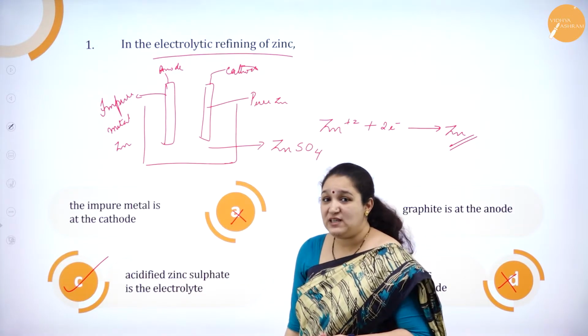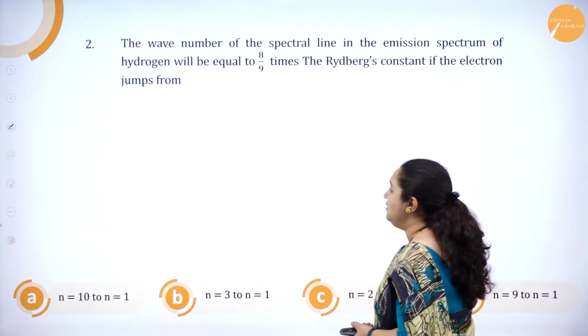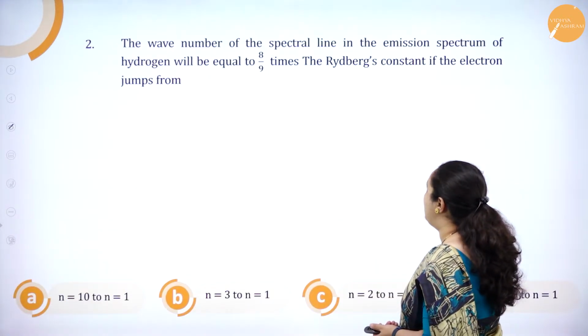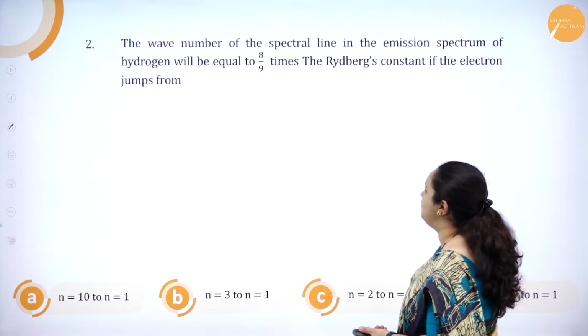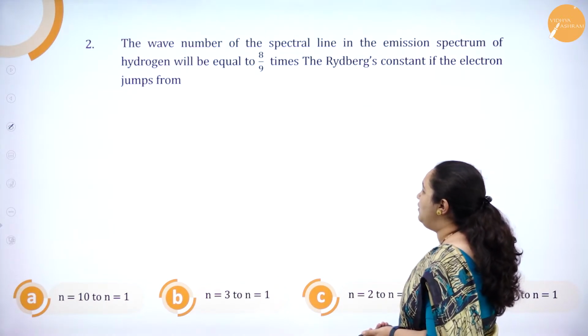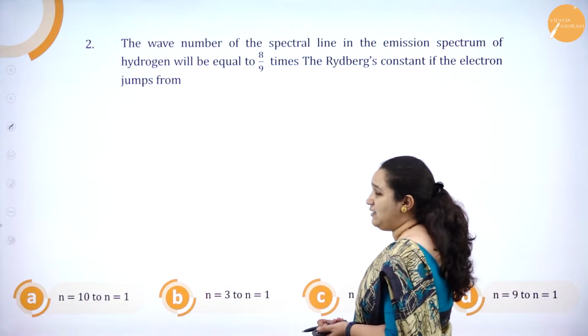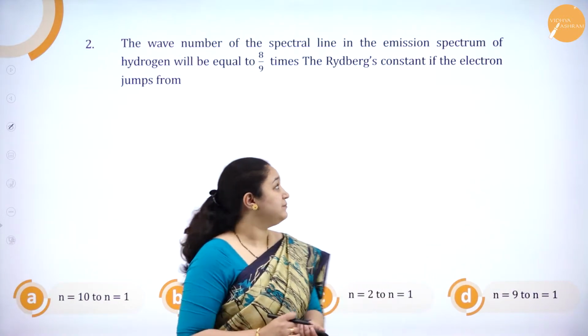Okay. So we'll see the next question. The wave number of the spectral lines in the emission spectrum of hydrogen will be equal to 8 by 9 times the Rydberg's constant.